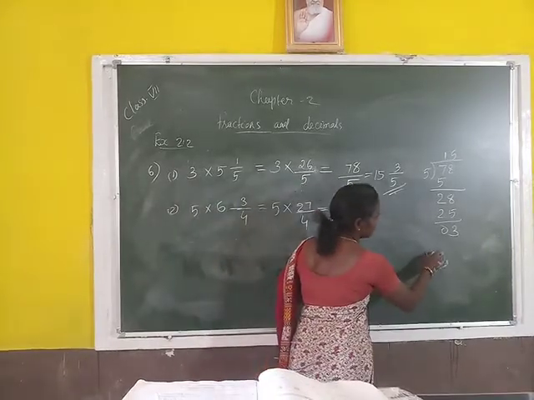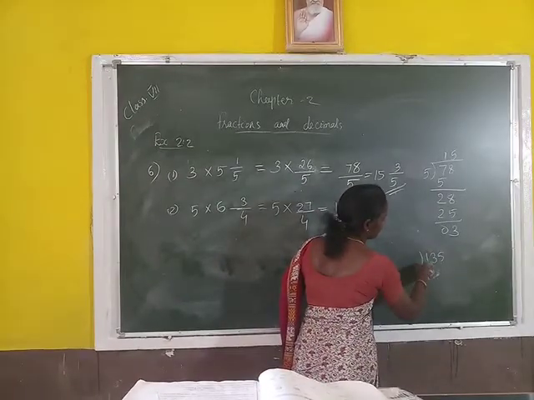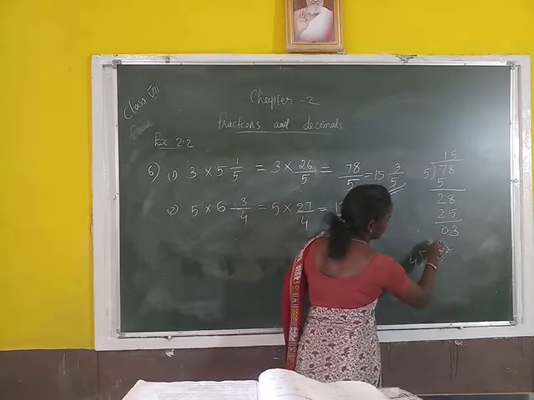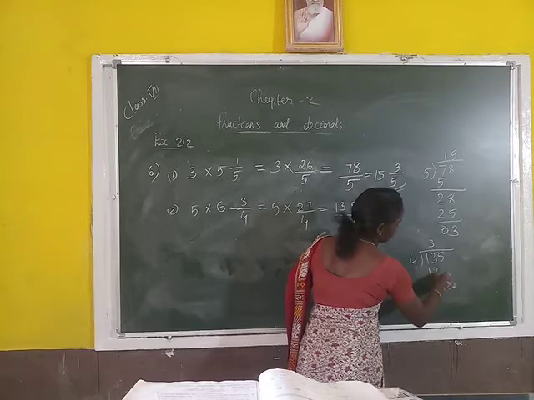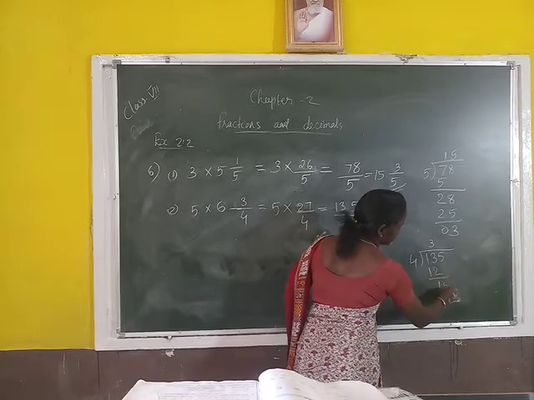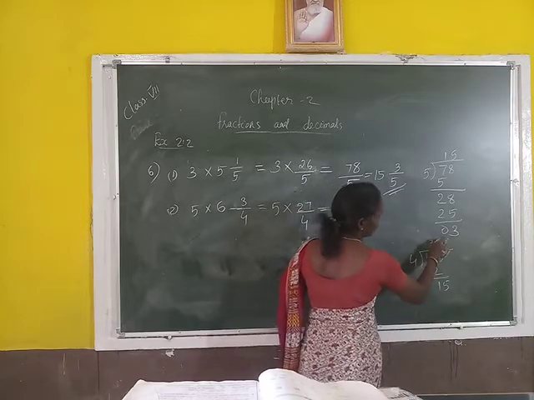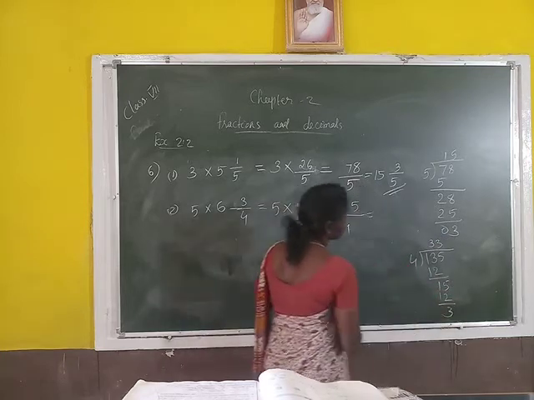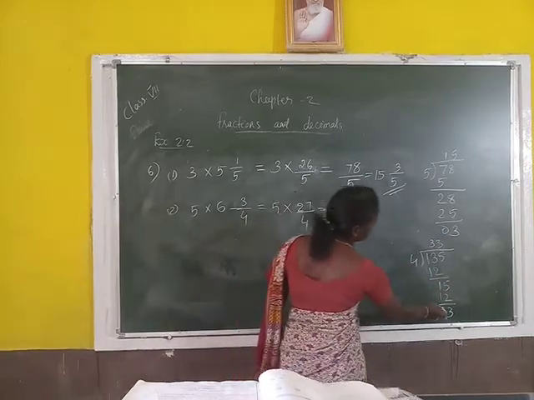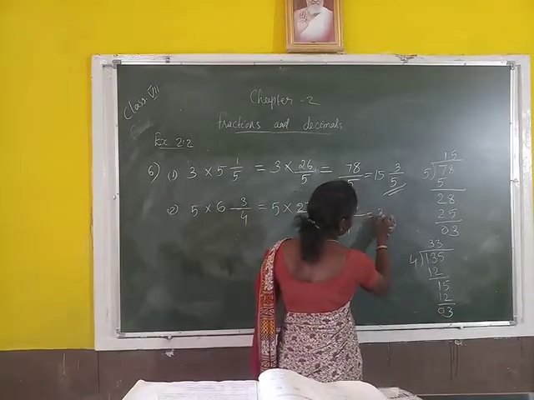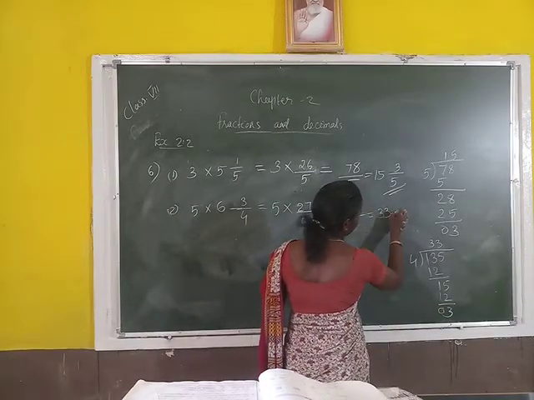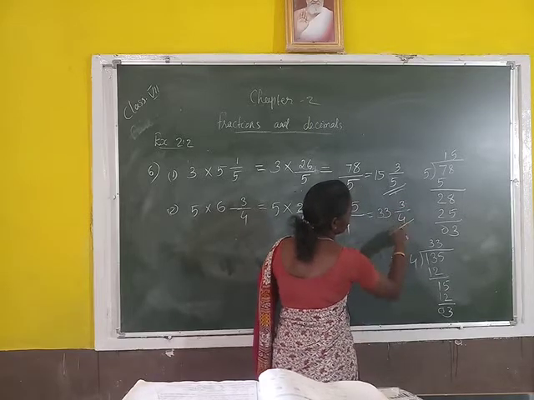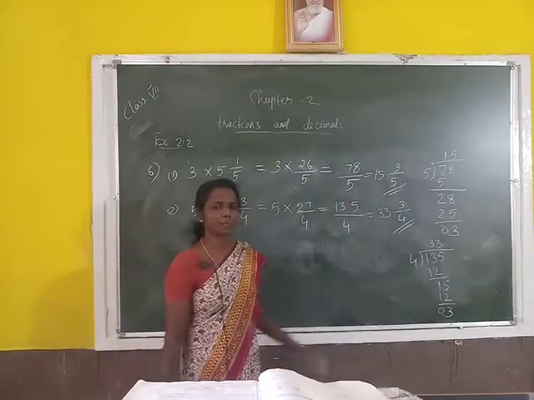So numerator divided by denominator. How many times? 3 4s are 12. The next 15. How many times? 3 4s are 12. So what is the answer here? 33 3 upon 4.